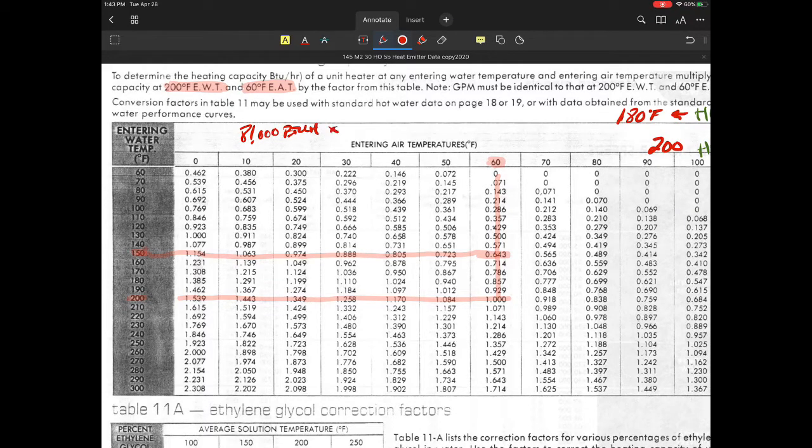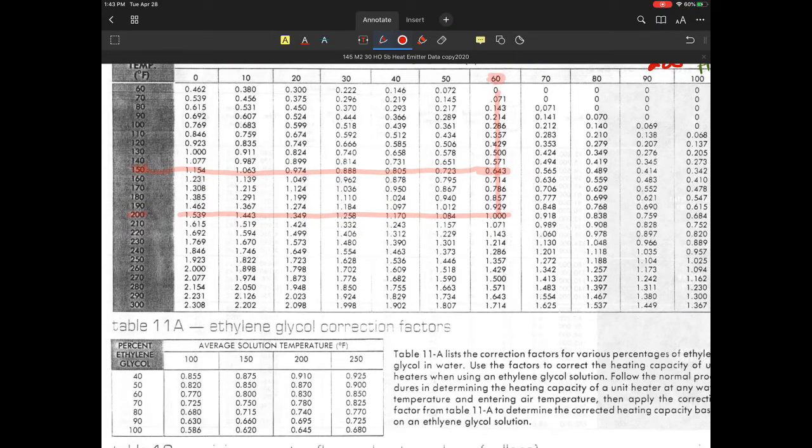So that would put me at the 81,000 BTUs per hour as the capacity times the 0.643 as the rating factor, and this, whatever this number happens to be, will give me the BTUs per hour that I would expect to get out of this particular unit. So that's a couple of little things.